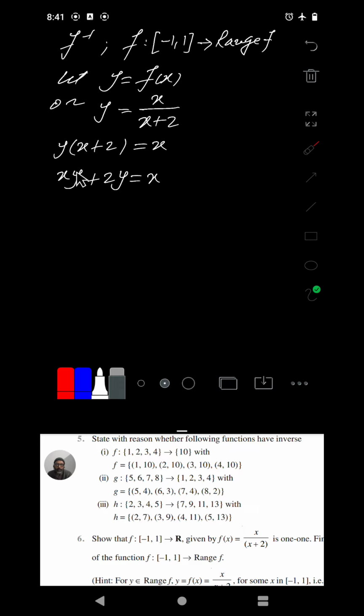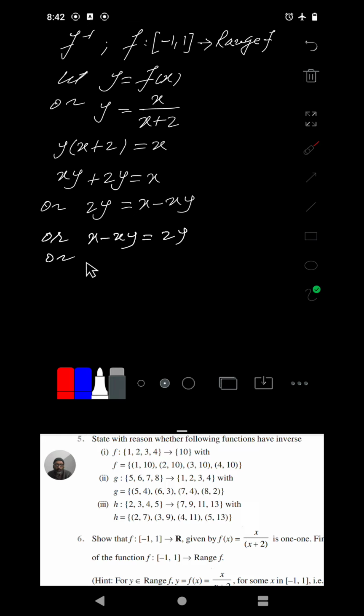Now transposing xy to the right hand side, we have 2y = x - xy, or x - xy = 2y, or taking x common out of these two terms, we have x(1-y) = 2y.